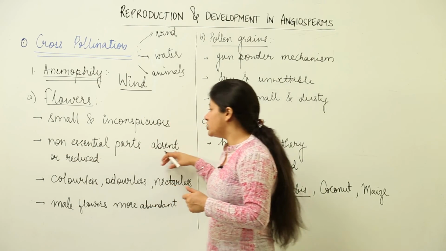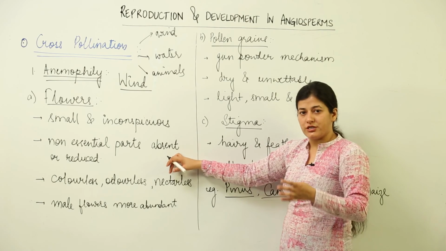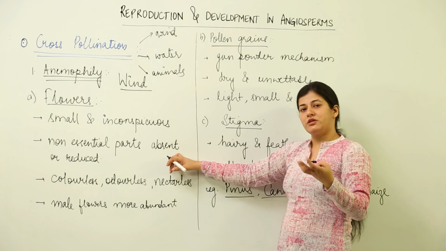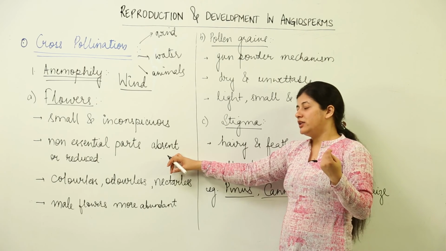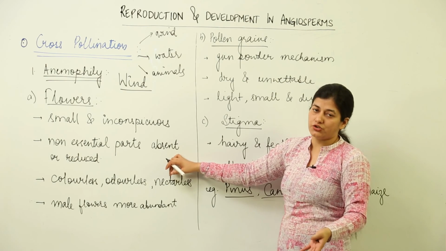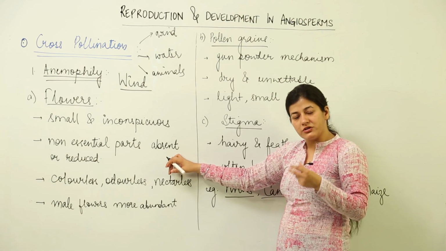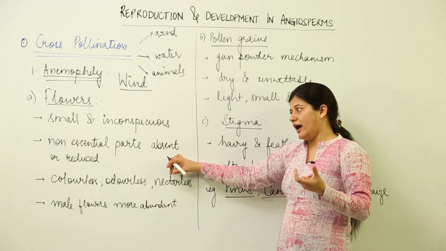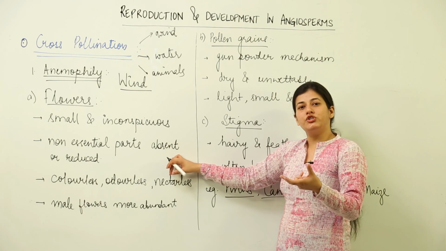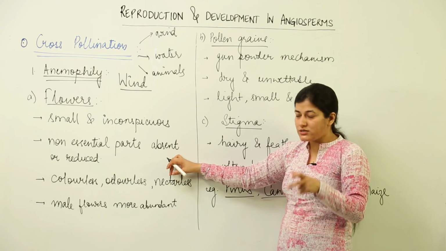The non-essential parts are absent or reduced. Now considering the structure of a flower, the two non-essential parts were the calyx and corolla. So the flower prefers that they should be either absent or highly reduced, because mostly, or I would say preferentially, the gynoecium and androecium part of the flower is needed.